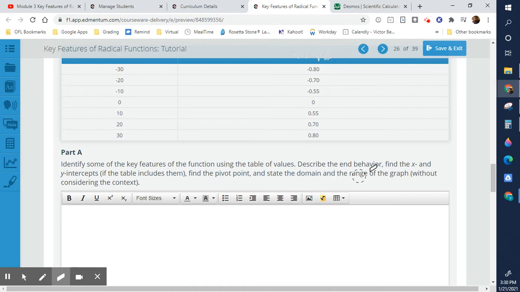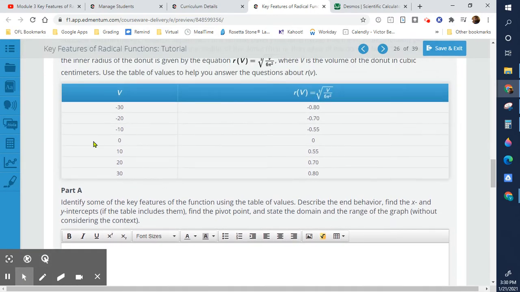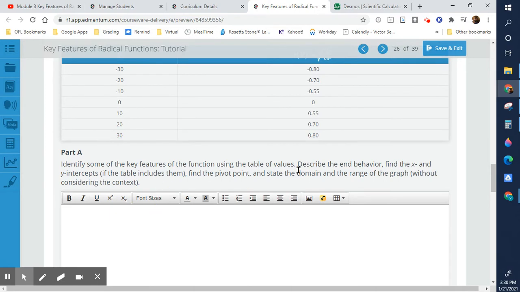Identify some key features in the chart that describe the end behavior of the donut. So first of all, we can't have a negative radius. That's kind of weird, but I think they're doing it to be symmetrical. One thing we'll notice is that if we're at negative 30, the volume is negative.